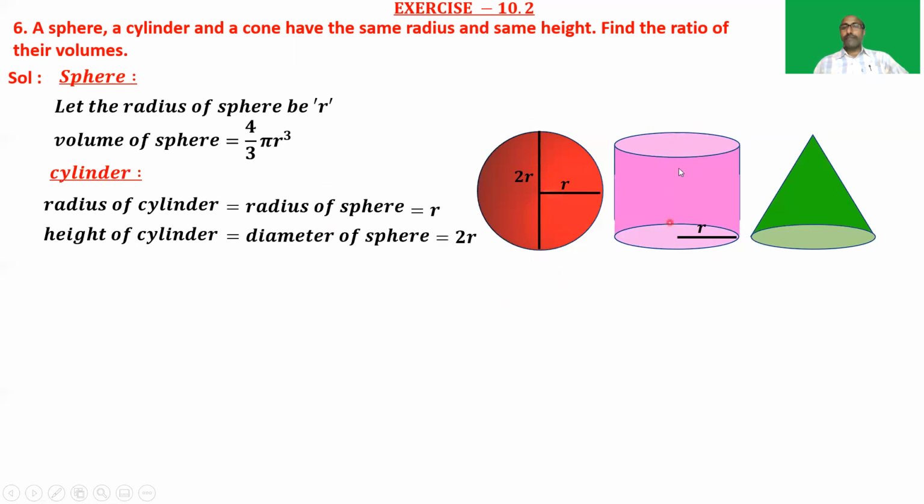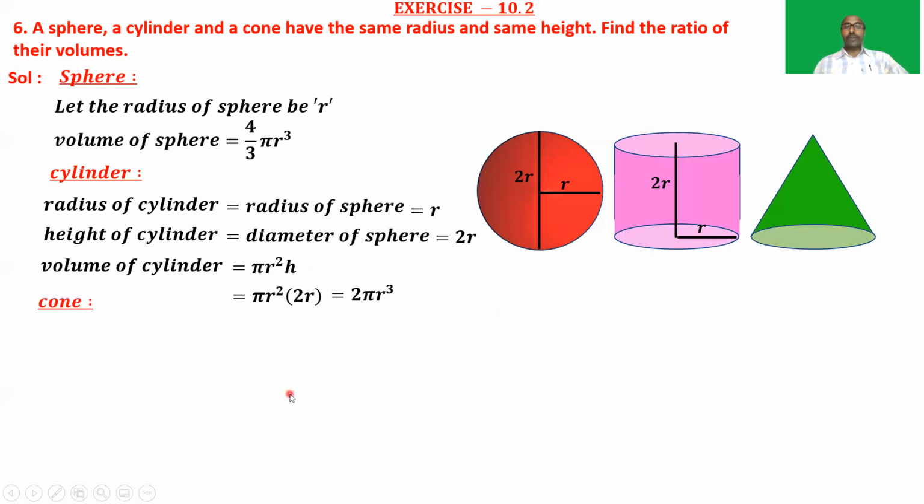So the height of the cylinder is 2r. And now the volume of the cylinder is pi r square h, that is pi, radius is the same r, and the height of the cylinder is 2r. So here h is equal to 2r. So from this we can write the volume of the cylinder is 2 pi r cube.